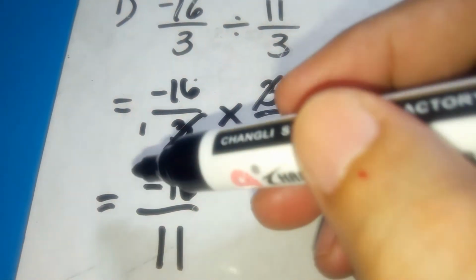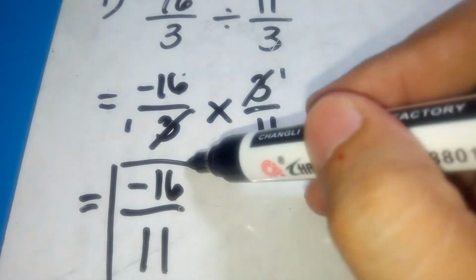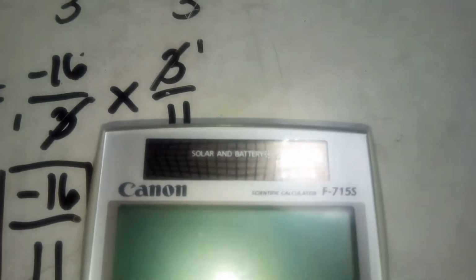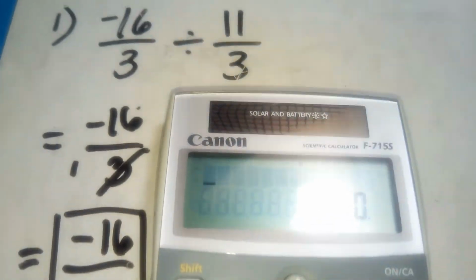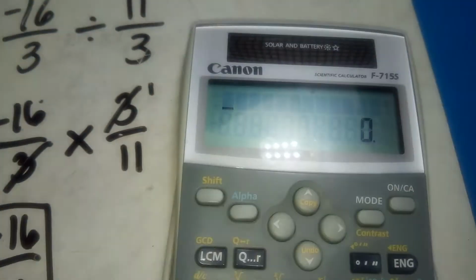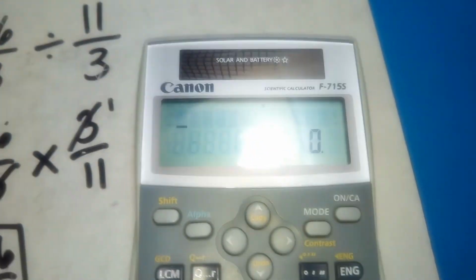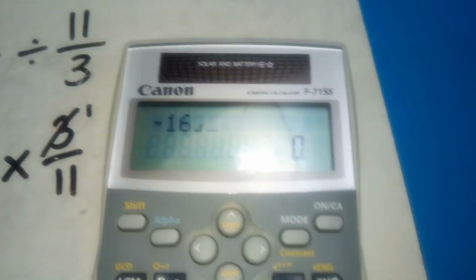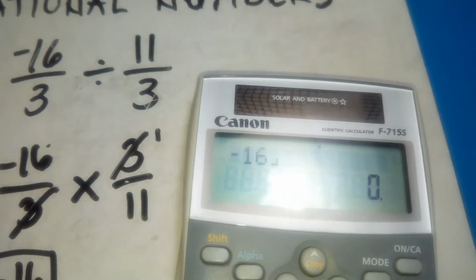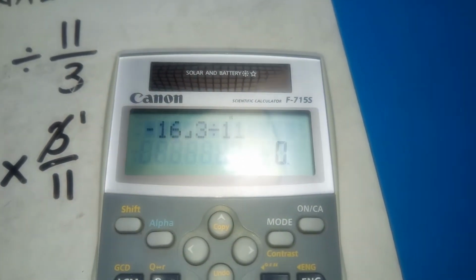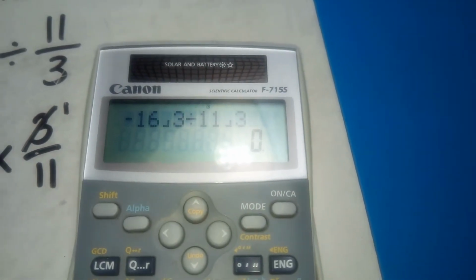Let's check that using our calculator. Negative 16 over 3 divided by 11 over 3.